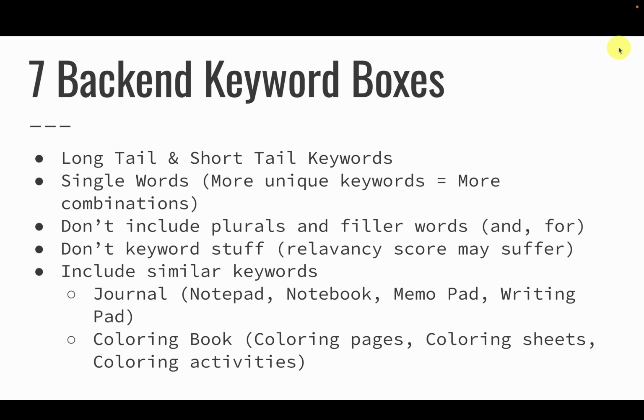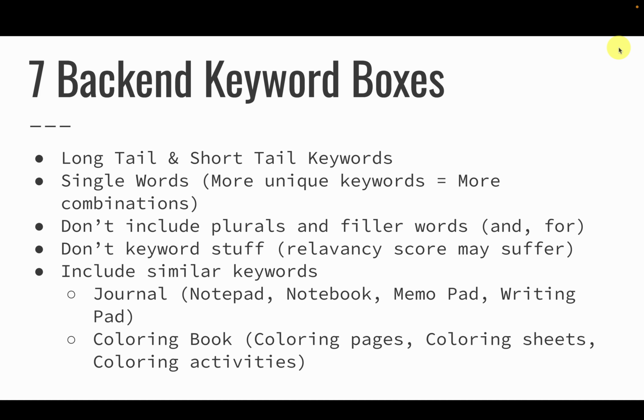Now, when it comes to the 7 backend keyword boxes, there's a few ways that you can do this. You can either enter in a long tail or a short tail keyword in each of the boxes, which some people do. Or if you're like me, you can do single words and fill up each of the 7 boxes completely.